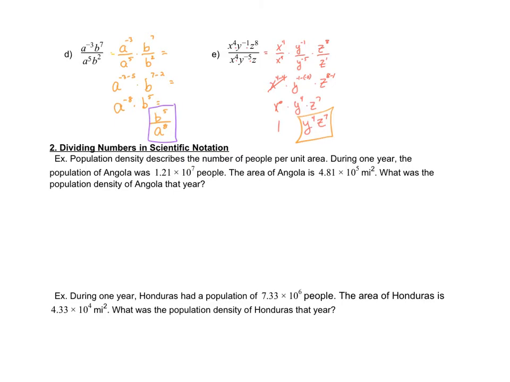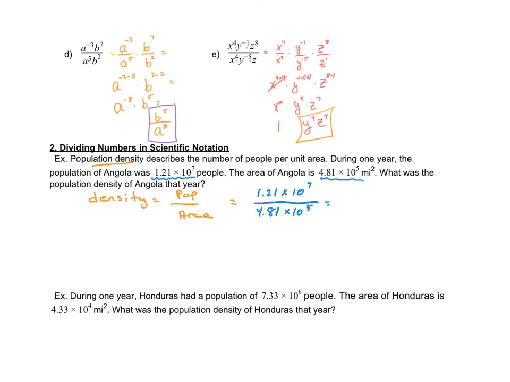Well, it just said that my density is going to be equal to the population per area. So when I rewrite this, I'm going to have my population, which we said was 1.21 times 10 to the 7th, divided by my area, which was 4.81 times 10 to the 5th.